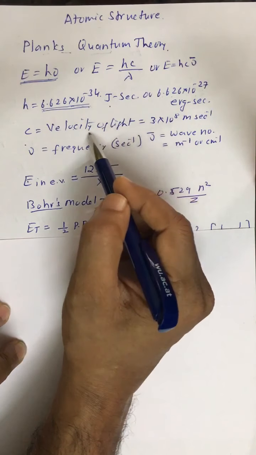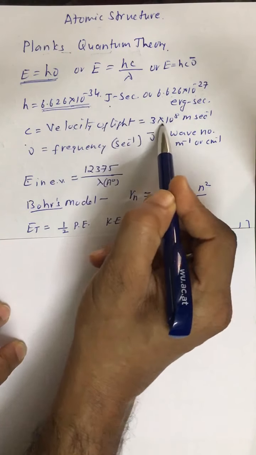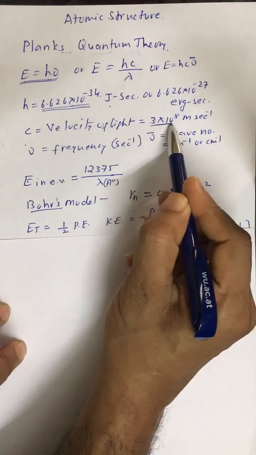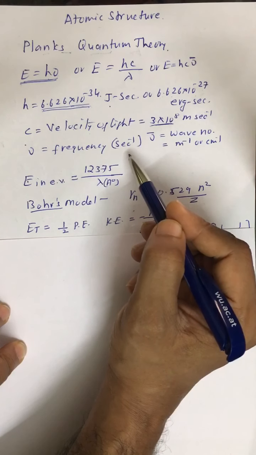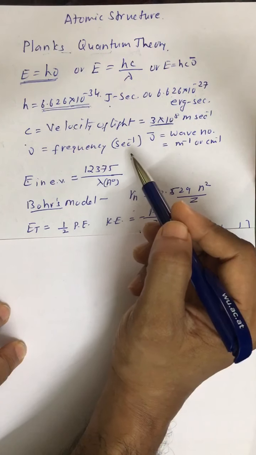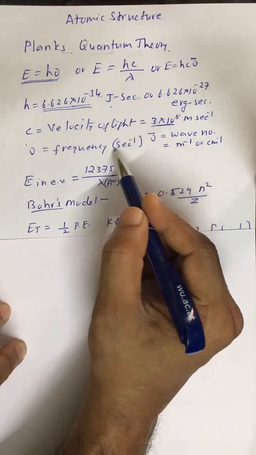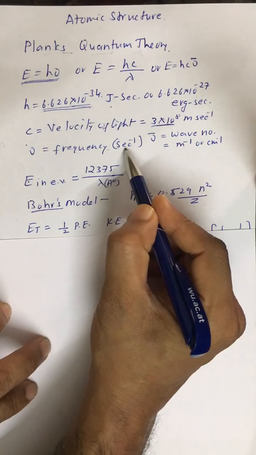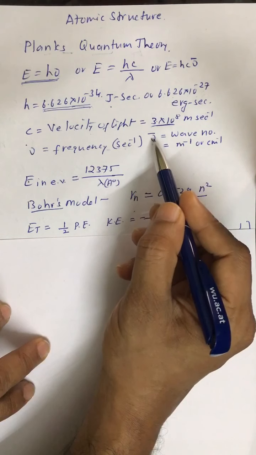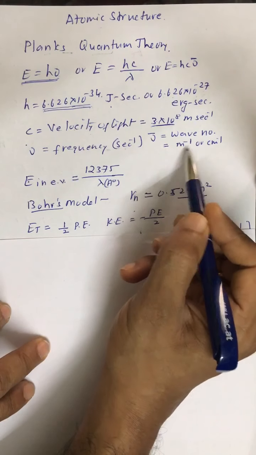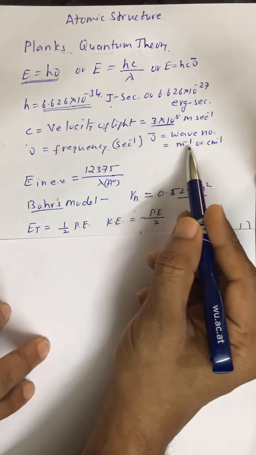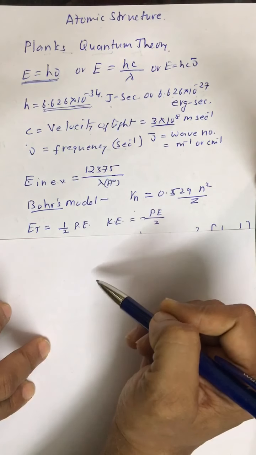Again c is velocity of light. You must remember this value, that is 3 into 10 raised to power 8 meter per second. And nu is frequency. All right, its unit is per second. And nu bar, that is wave number, its unit is per meter or per centimeter.